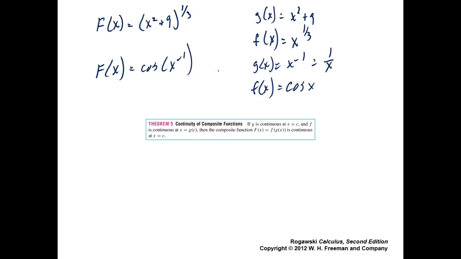Okay. Now, here's another capital F. Had it, but I've lost it. There it is. Okay. Capital F of x is 2 to the sine x.